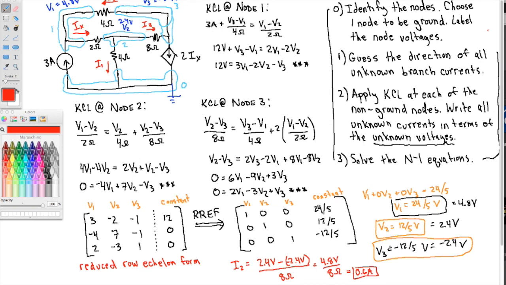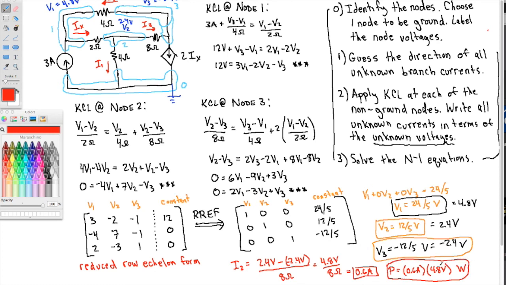How much power is that resistor absorbing? The power is I times V. I is 0.6 amps, V is 4.8 volts, and we do that calculation and that gives us our wattage.